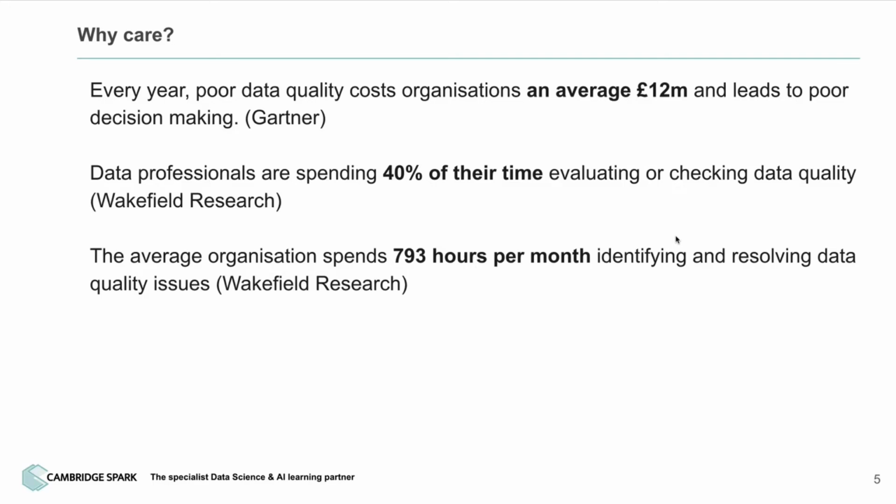And why should you care? Well, let's think about a world where you have really poor data engineering. What's the cost of that? The cost is huge, and there's a lot of studies that show the implication of it. So, for example, Gartner looked at a survey of established organizations, and poor data quality can cost on average 12 million pounds.